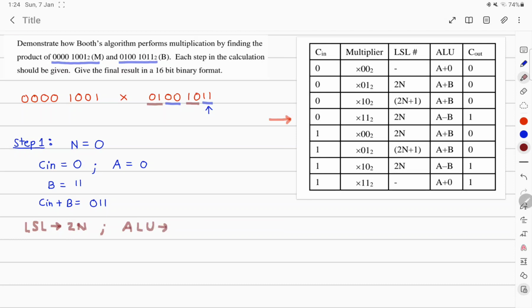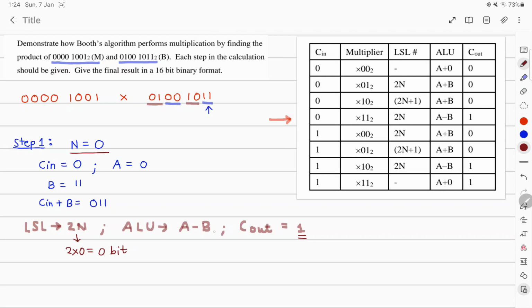It is A plus B or A minus B. It is A minus B. And what is carry out? Carry out is 1. This carry out you will take as the carry input for the next iteration. Now see, your n value is 0 here, so this 2n will be 2 into 0, which is a 0-bit logical shift left.